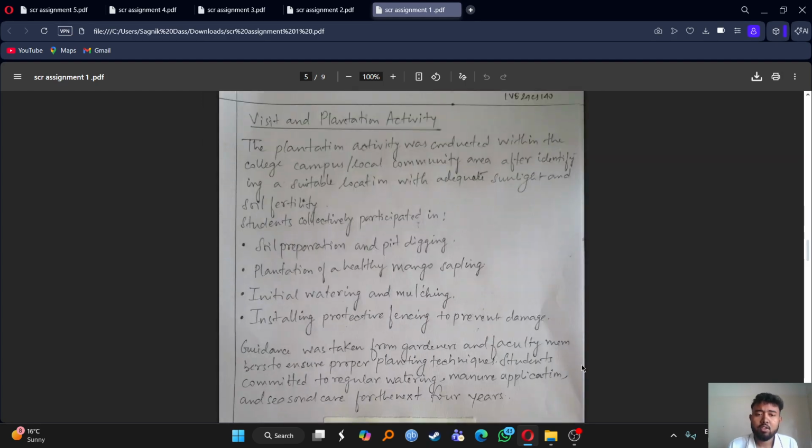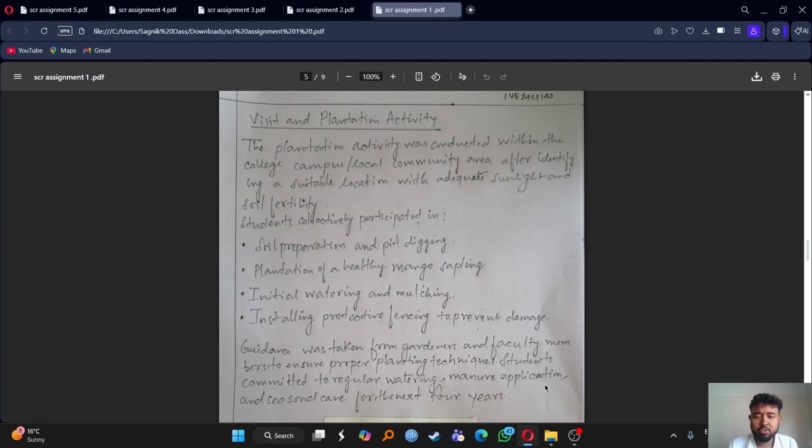Now the visit and plantation activities. In this, I took one mango sapling from a nearby shop, and then I planted it in a tub, and after some time when it grew to a certain level, I took that plant and planted it in my local ground.